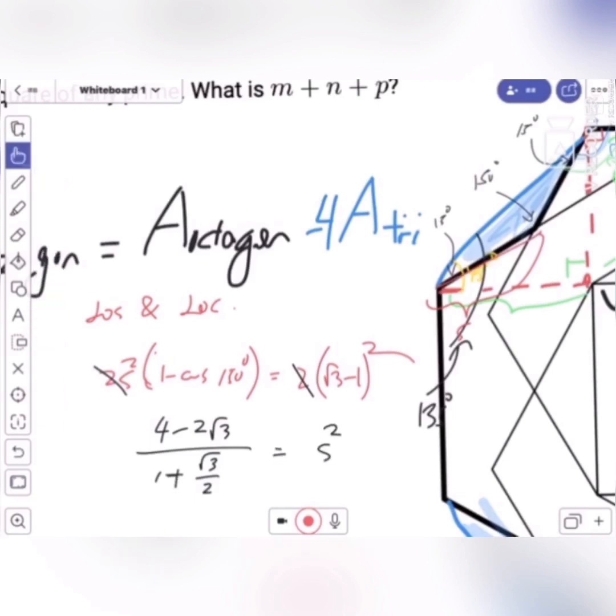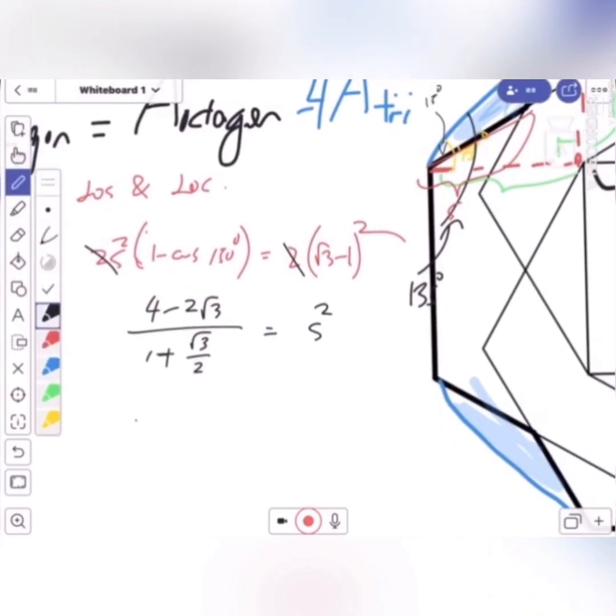Now multiply both sides by 2. We get 8 minus 4 root 3 over 2 plus root 3, and then we can rationalize it.